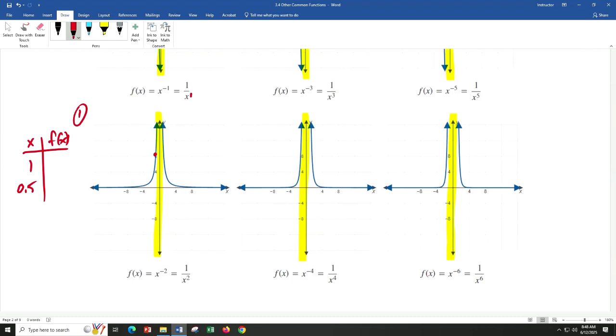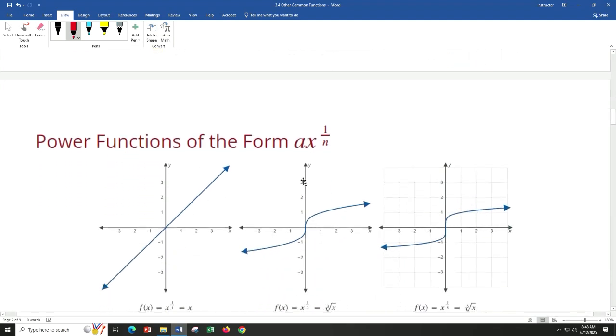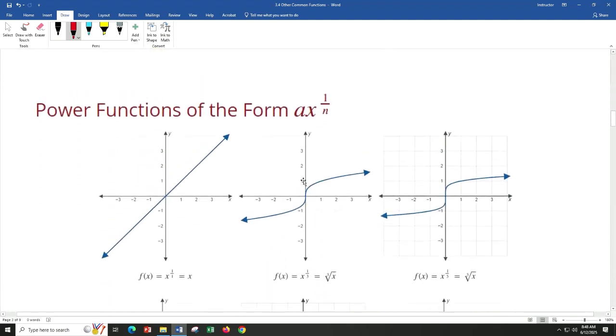All right. Now, functions of the form basically radical functions. Look at this one. These can be confused really quickly with power functions of just the normal x, just because look at the little S shape you're getting.